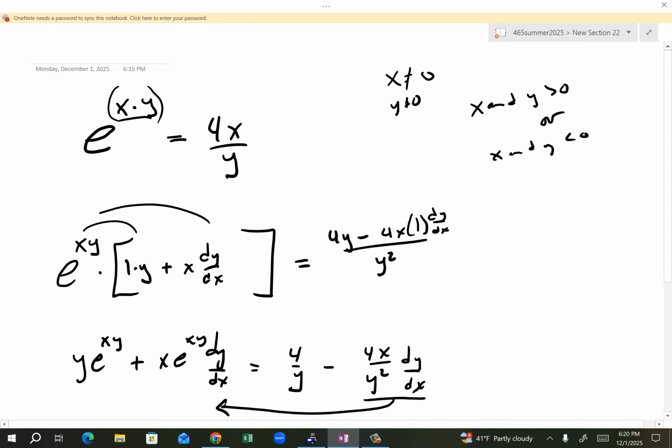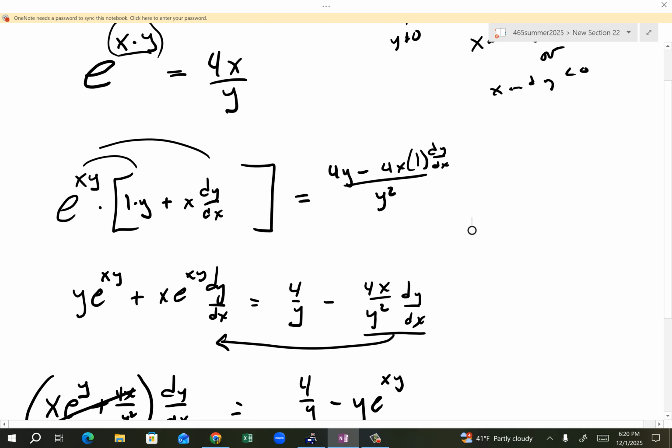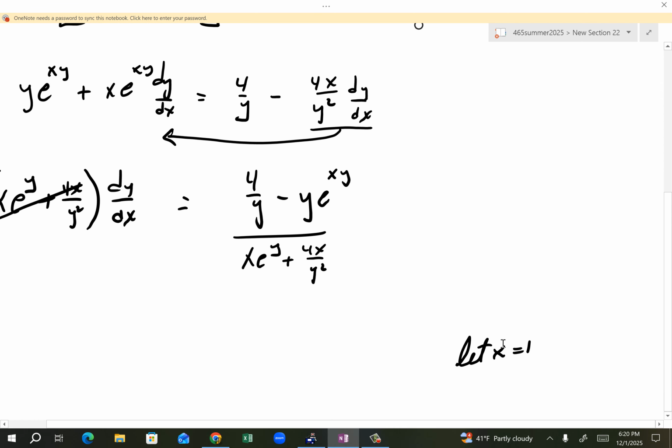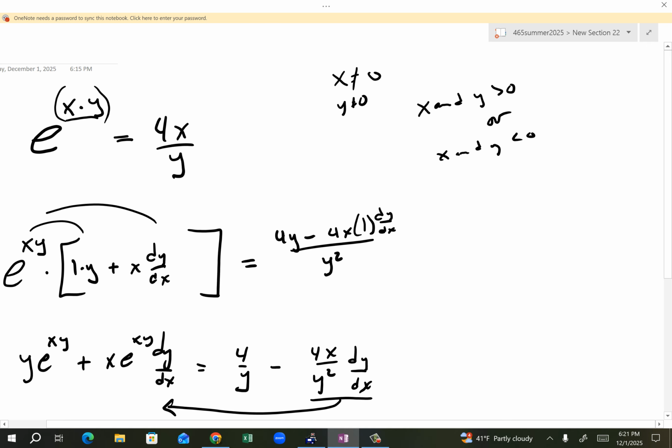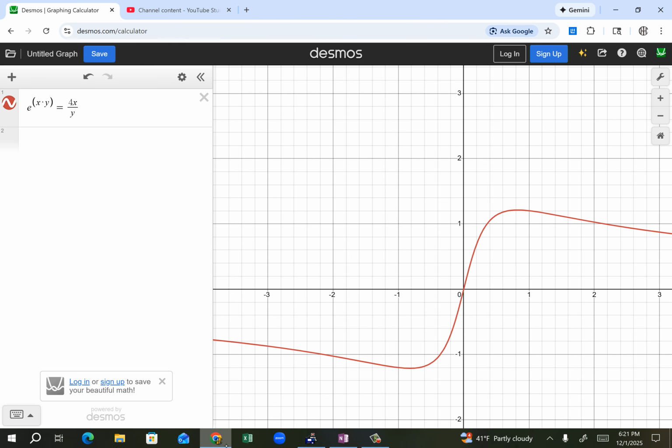No, probably. And so, well, you could, or it might be easier to solve for x. Let's let y equal 1 instead. Let y equal 1. So if that were true, then it means e to the x is going to equal 4x.